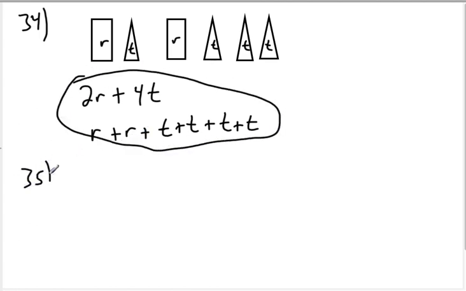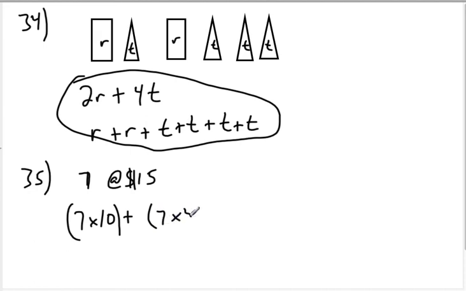Number 35. Jamal bought 7 tickets to a baseball game. Each ticket cost $15, so 7 at 15 bucks. To find the cost, he added the product 7 times 10 to the product 7 times 5. So he did this, and figured out that it costs $105.